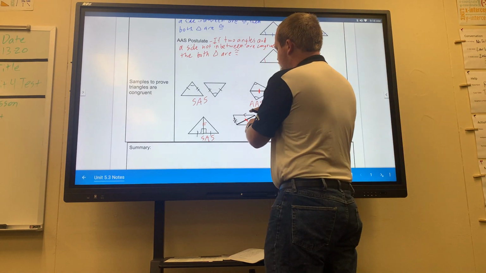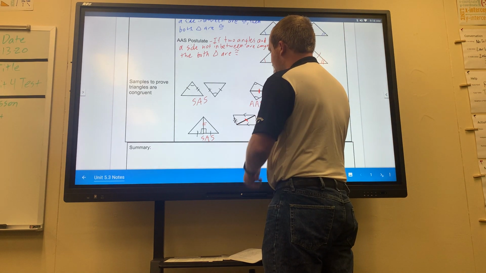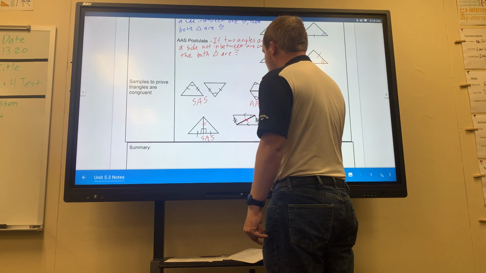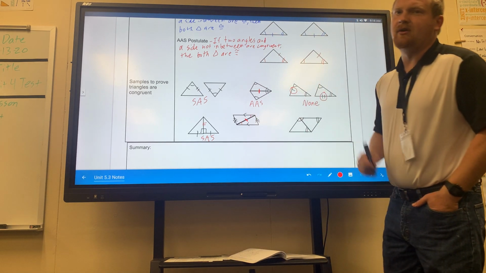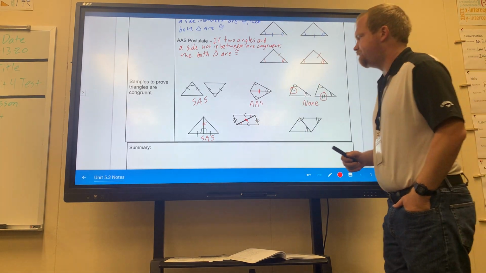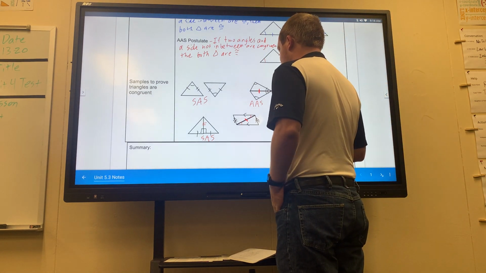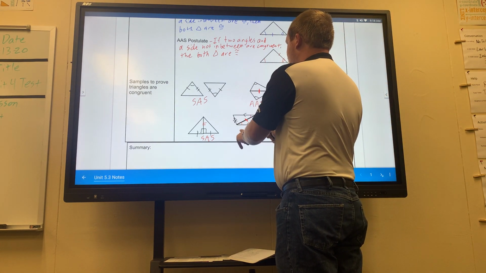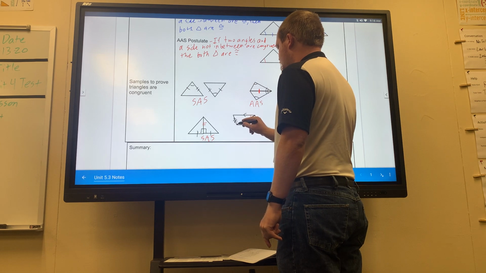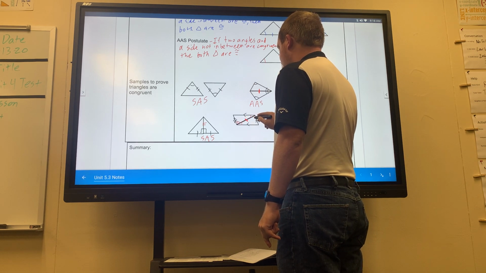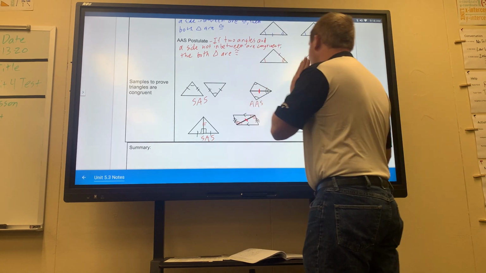Now, because I know these two lines are parallel, these two angles are going to be congruent because of alternate interior angles. And because these two lines are parallel, again, alternate interior angles.